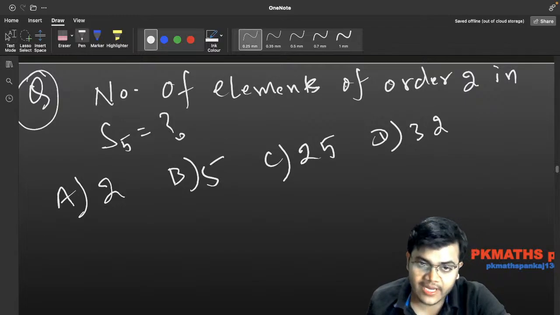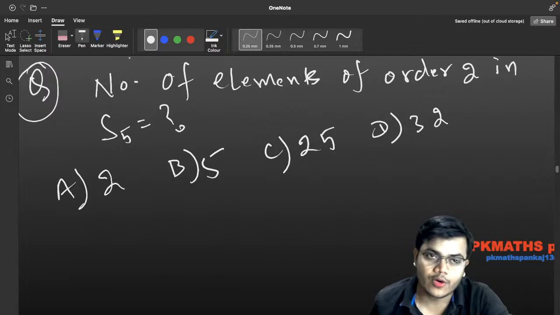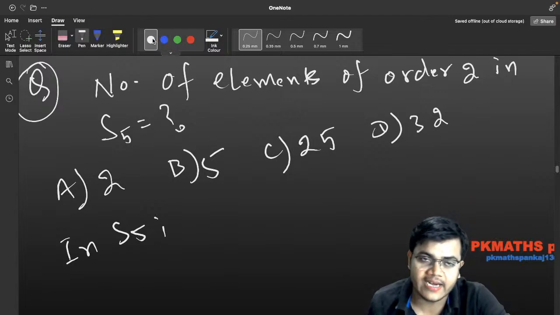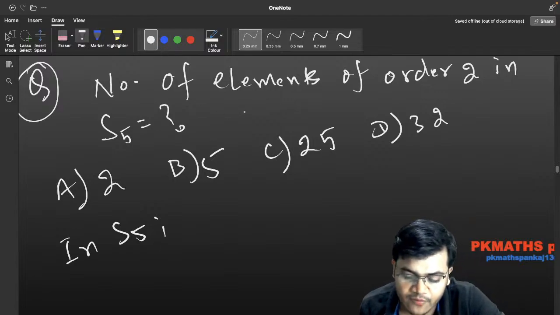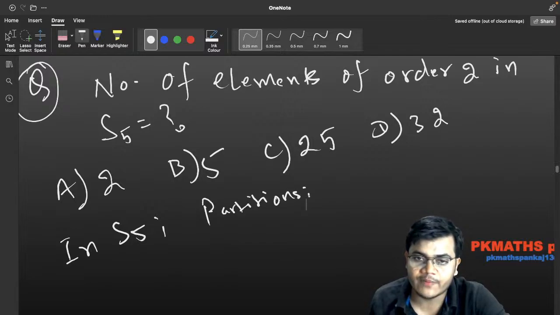So first of all, in S5, what are the partitions, so that you can discuss the elements of order 2? Which kind of partitions will be there?